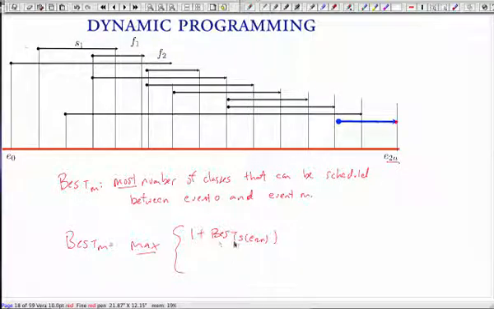It's just going to be the best for the period between 0 and the start of this event. So it's either going to be 1 plus the best of this, or it's just going to be the best of this event right here. This was event 2n minus 1. Does that make sense?